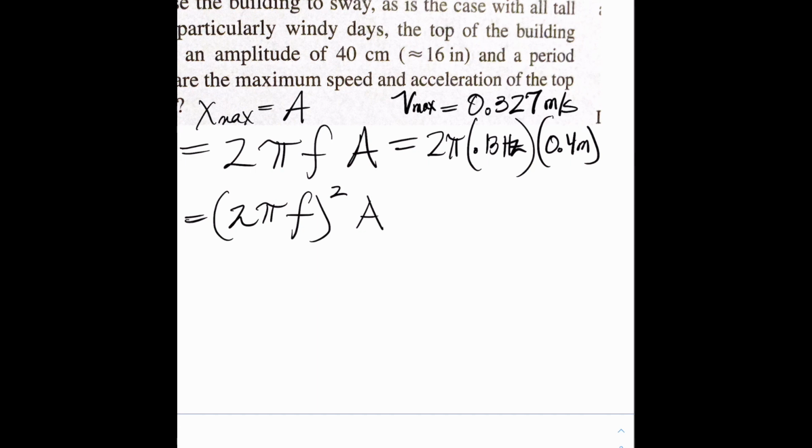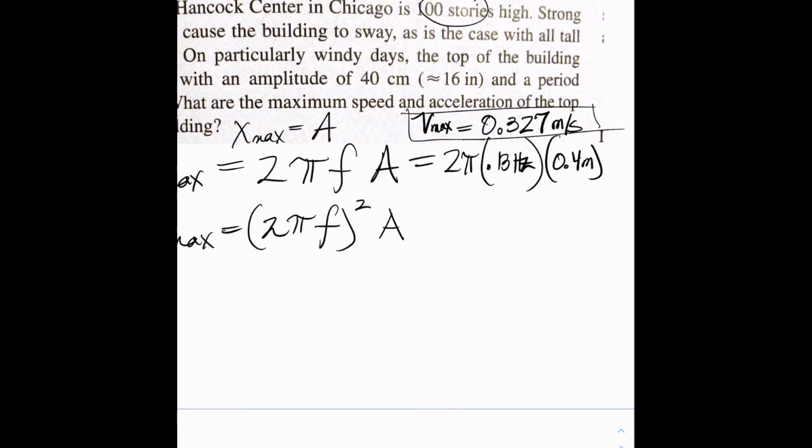Sound right? It sounds pretty fast. It is at the maximum. All right, I'm good with that. It seems like that would be noticeable. 33 centimeters per second.